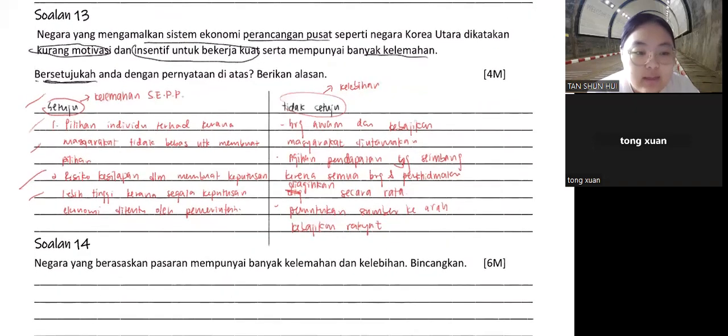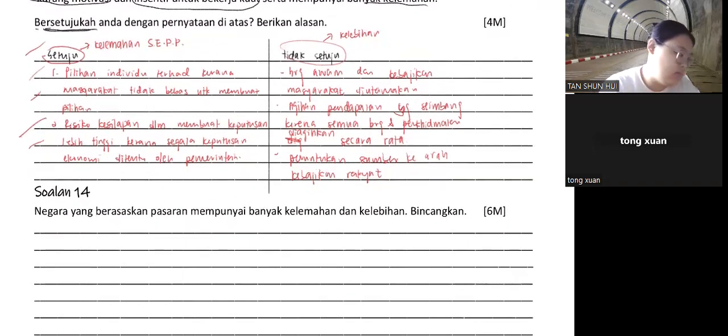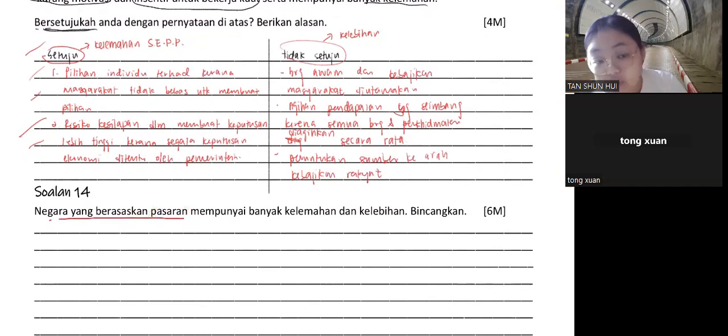Now, the next one. Question 14, properly I'm going to tell you how you answer, but I don't give you the full answer. Because they said, negara berasas pasaran, based on pasaran. Based on pasaran means what? Pasaran bebas.